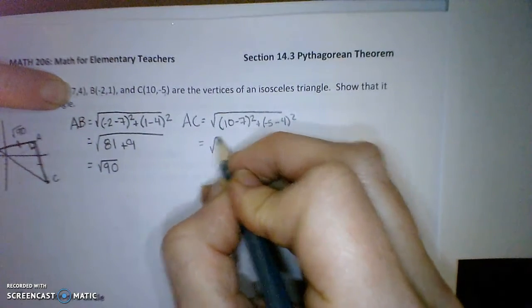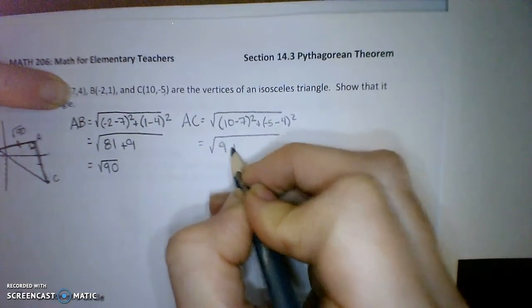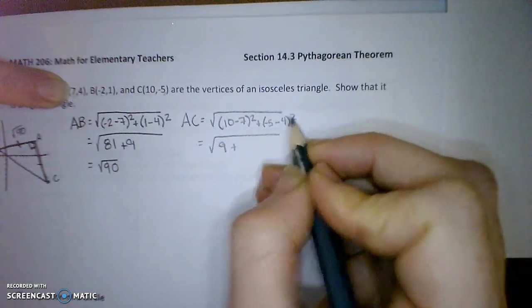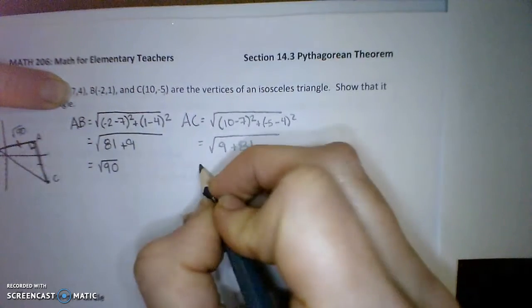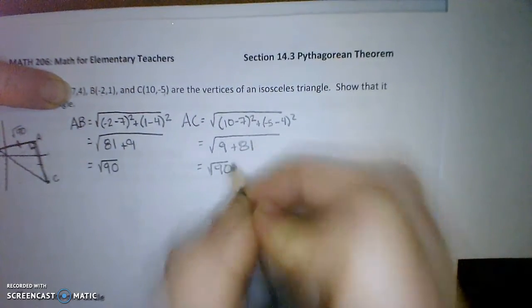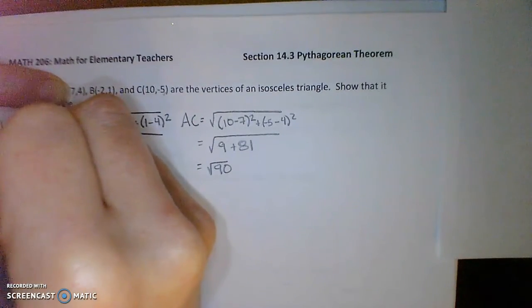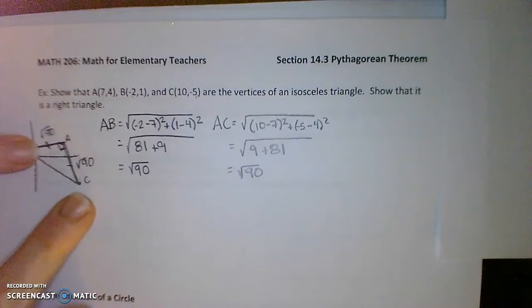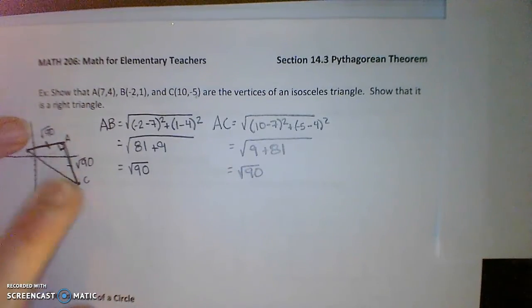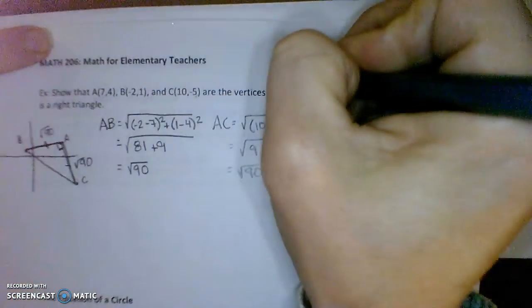Square it, you get 9. Plus -5 minus 4 is -9. Square that, you get 81. So again, I've got the square root of 90. So already I know this is an isosceles triangle because these two lengths are the same. So yep, an isosceles triangle.